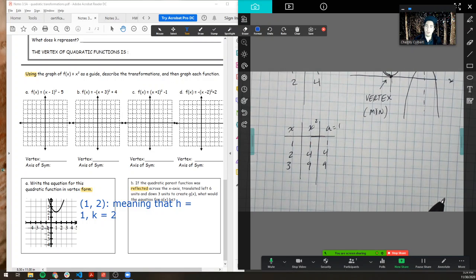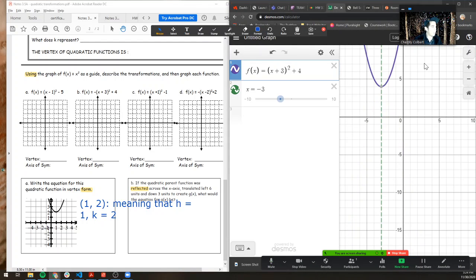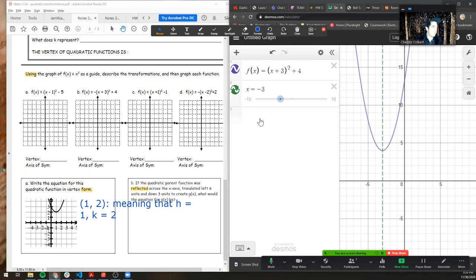And if you go over 1 from the vertex, you go up 1, right? If I show some examples here, so let's see. I'm going to make this one really quick. I'm going to change it to be positive 1. Notice you have a point here. Again, your vertex here is going to be at negative 3, 4.